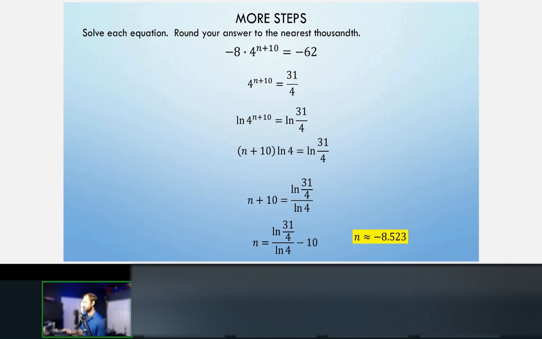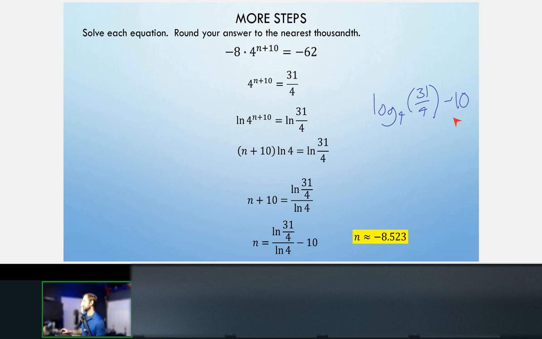Now, if you log base 4 both sides, in that last step before typing it in, you would have had log base 4 of the fraction 31 over 4, and then minus 10. So that's the only difference. But typing that in, you should get that same answer.